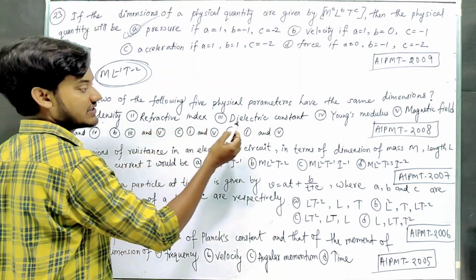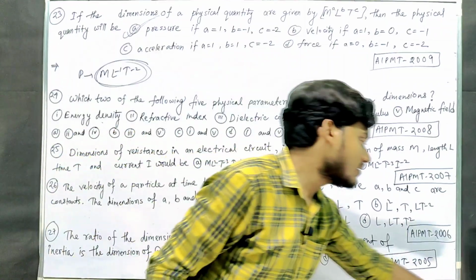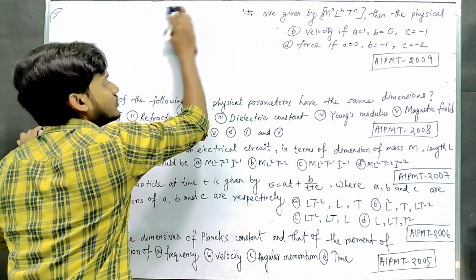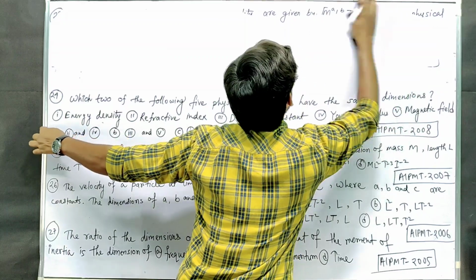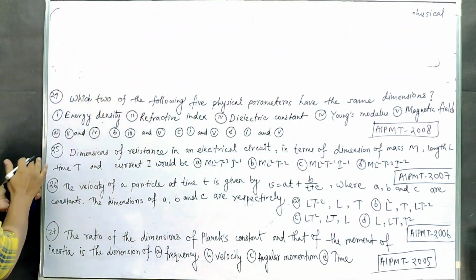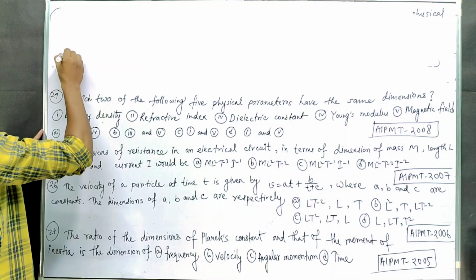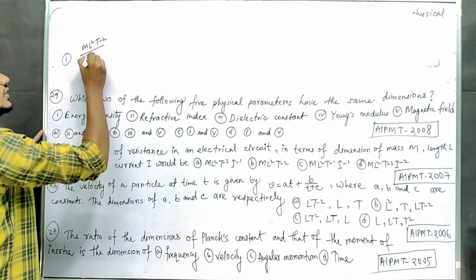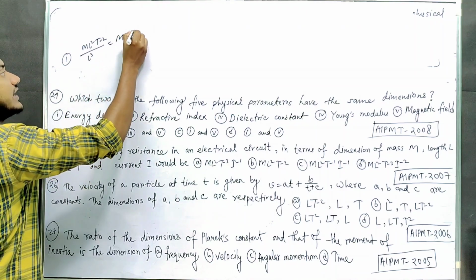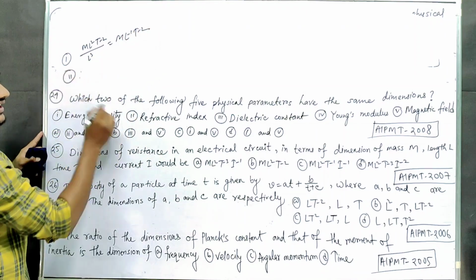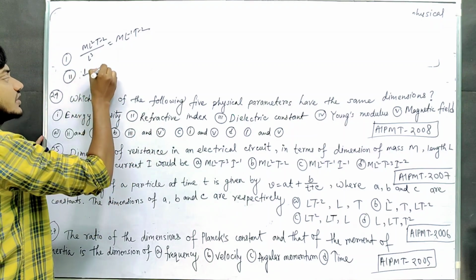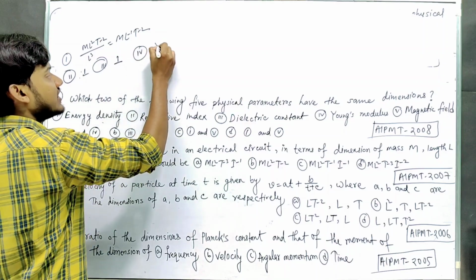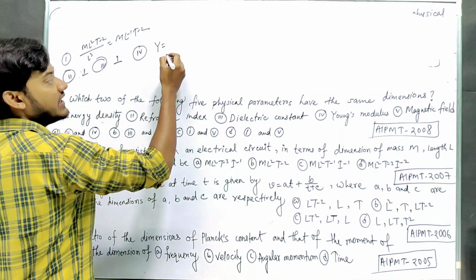Energy density, refractive index, dielectric constant, Young's modulus, magnetic field. जो 5 फिजिकल क्वांटिटीज दिया हुआ है उसका पहले डायमेंशन निकालेंगे। ओके, तो फर्स्ट एनर्जी डेंसिटी, तो एनर्जी डेंसिटी मीन्स एनर्जी बाय वॉल्यूम, सो एनर्जी इक्वल्स ML स्क्वायर T इनवर्स 2, वॉल्यूम इक्वल्स L क्यूब, सो ML इनवर्स T इनवर्स 2. 2, refractive index is dimensionless, 1. 3, dielectric constant, dimensionless, 1. Young's modulus means stress by strain. Strain is dimensionless.